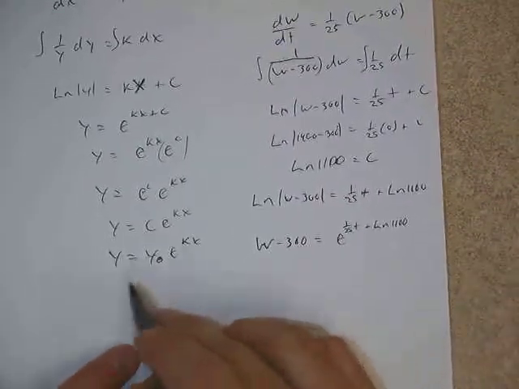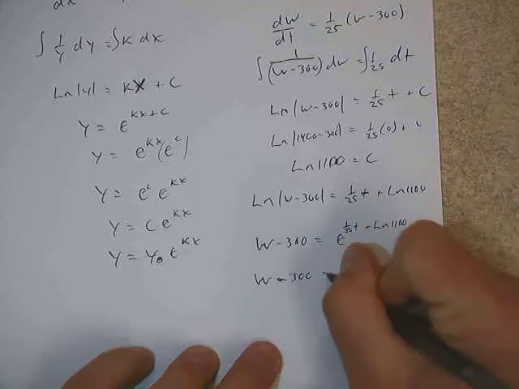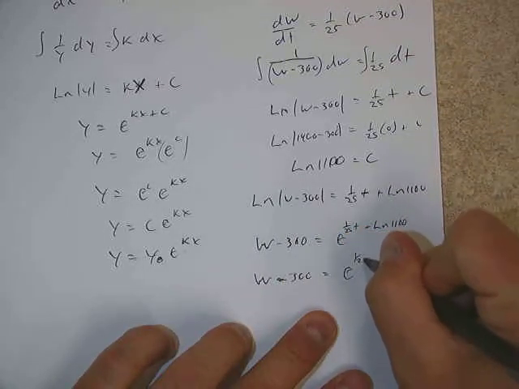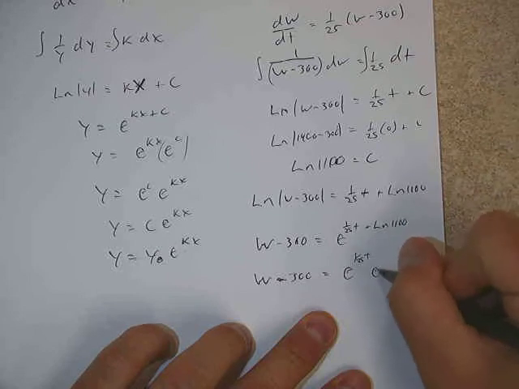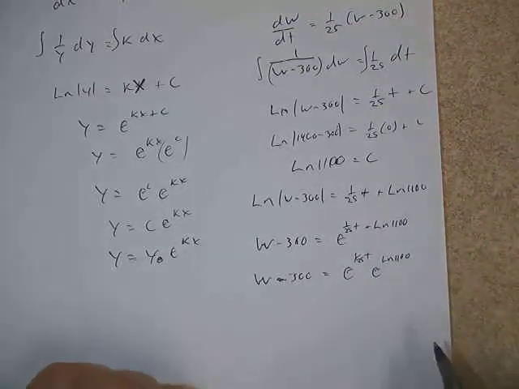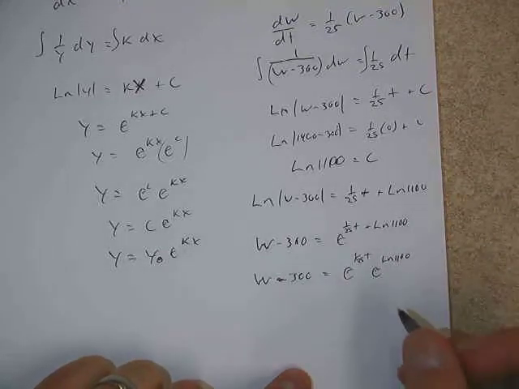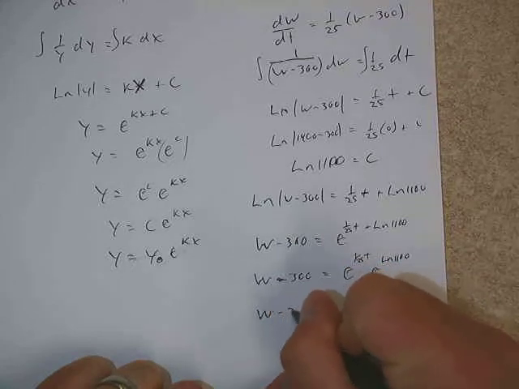We'll be left with w minus 300 on the left. And on this side, if we compose both sides with e, we get 1/25 t plus ln of 1100. If we use our same technique that we did over on the left, we're going to get w minus 300 still. This is going to be e to the 1/25 t and e to the ln of 1100.